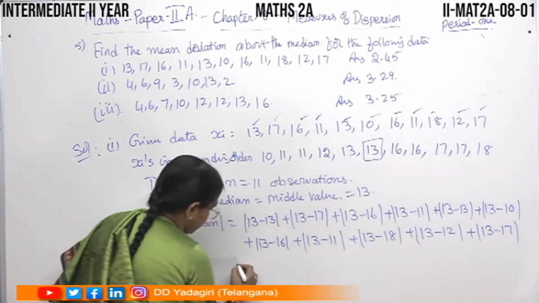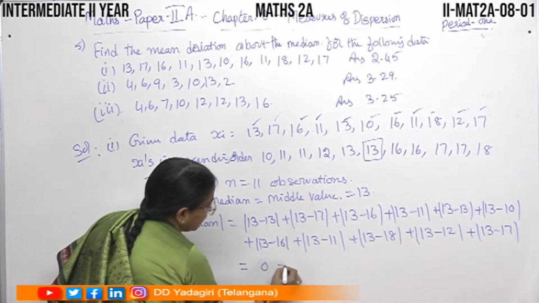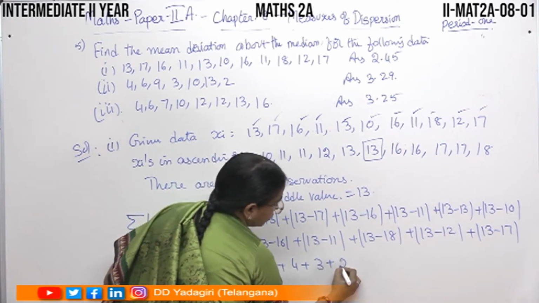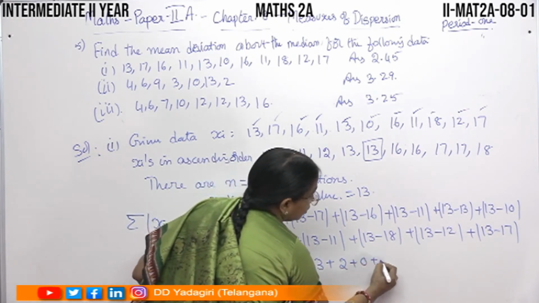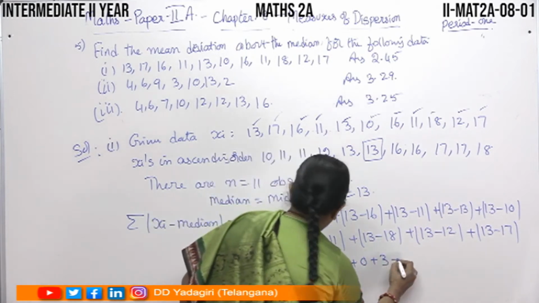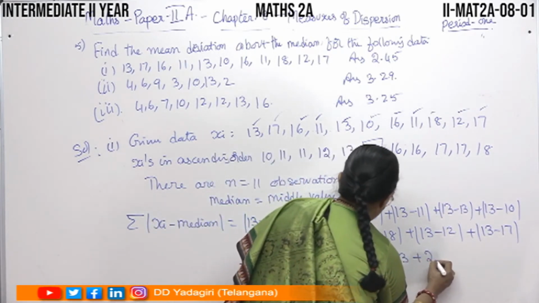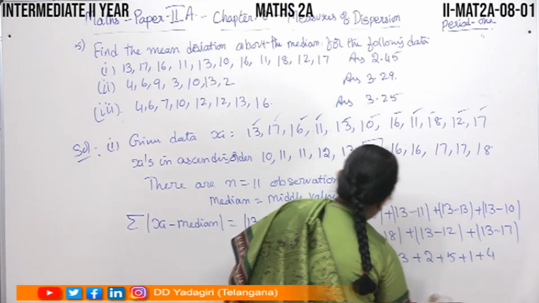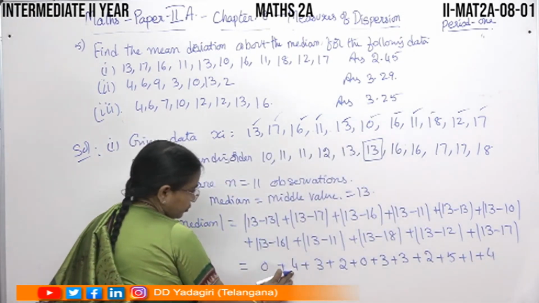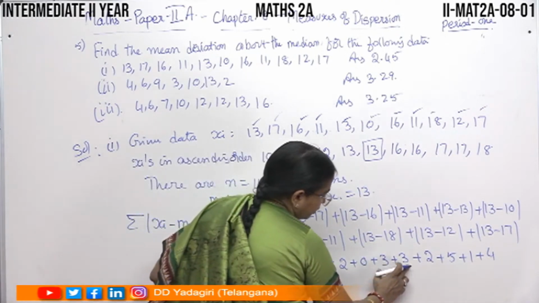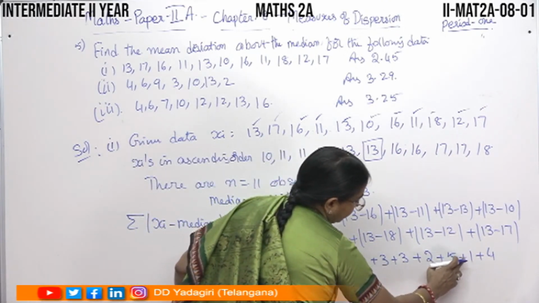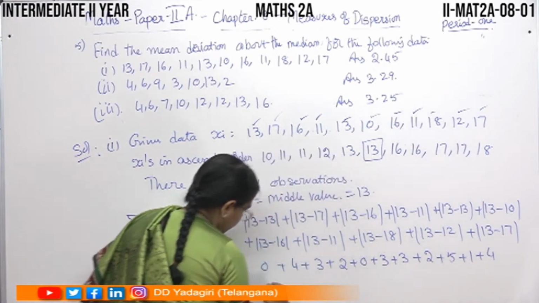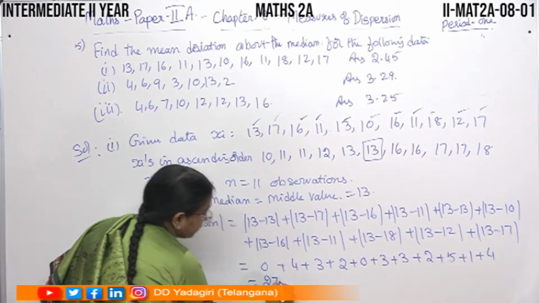So you just write all the values. This is 0 and then 4, 3, 2, 0, 3 and then 3, 2, 5, 1, 4. So the sum is 4, 5, 6, 7, 8, 9, 17, 18, 19, 20, 22, 27. So this is 27.